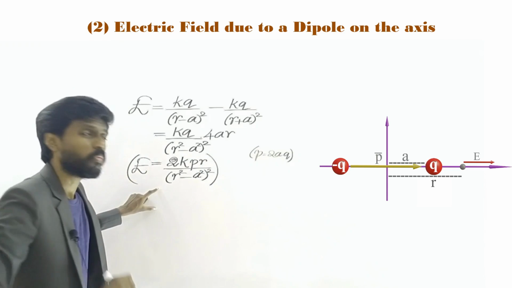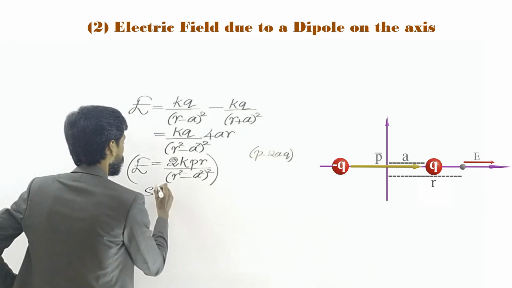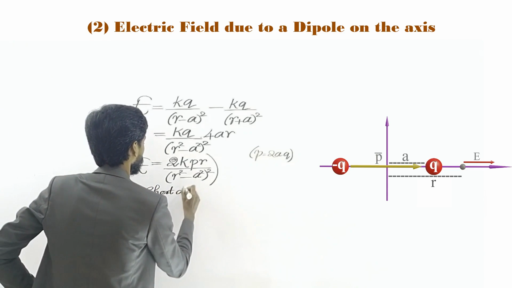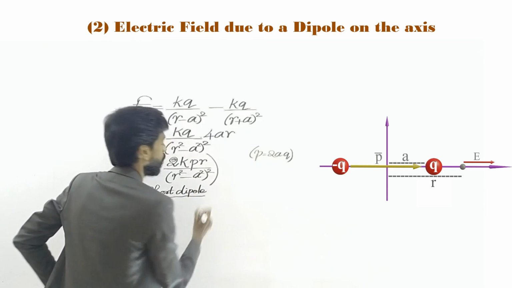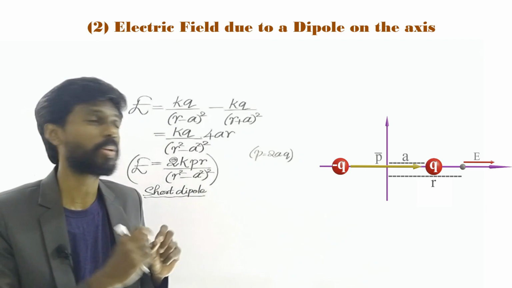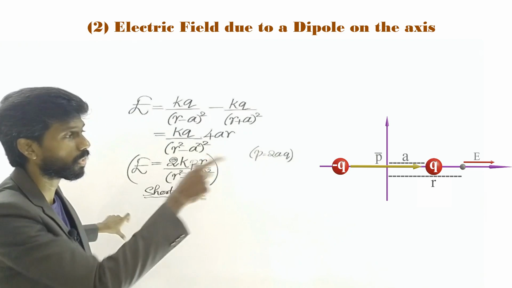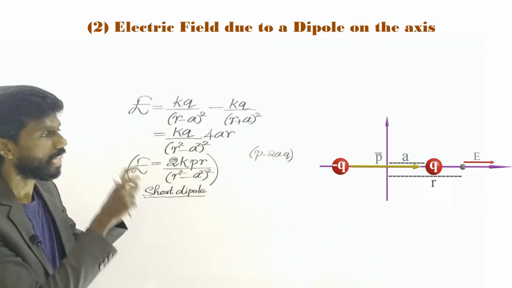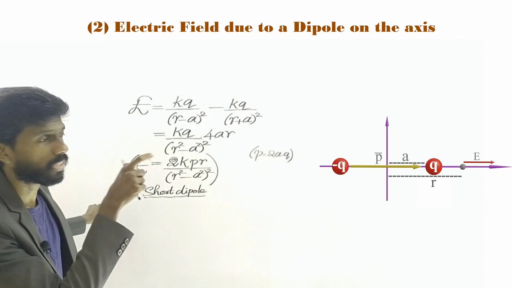Now we will also write a particular case. This is important: a short dipole. What is meant by short dipole? A short dipole means the distance between the charges of the dipole is very, very small compared to the distance involved here. For example, here the distance is 2a, so 2a is very, very less than the distance r.